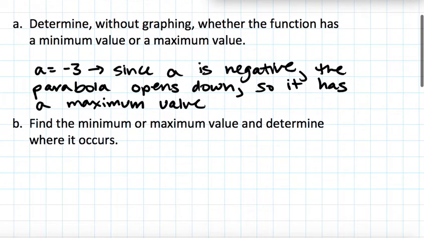And then part B says to find the minimum or maximum value and determine where it occurs. For a quadratic function, the minimum or maximum, in this case it's going to be the maximum, always occurs at the vertex. So basically this is just asking us to find the vertex of the parabola.